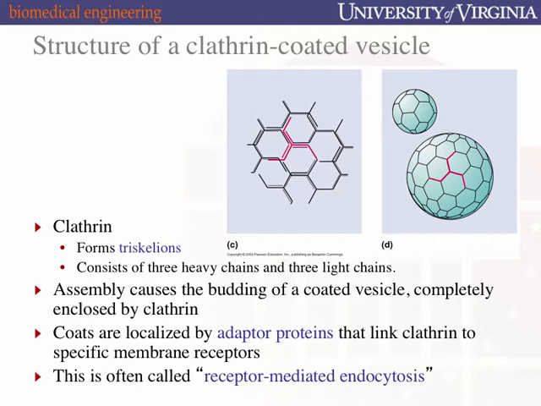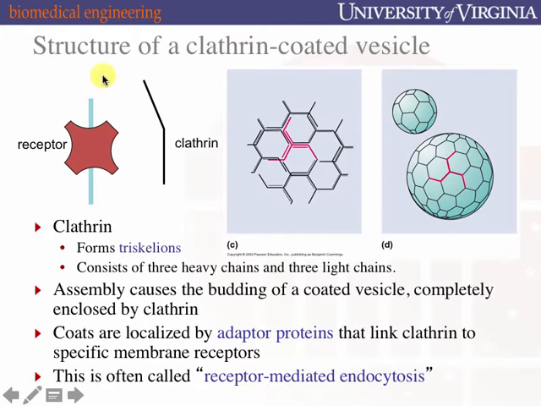Clathrin gets recruited to the plasma membrane through what are called adapter proteins, whose role is to connect the clathrin machinery, or clathrin heterohexamers, I guess you'll call them, to receptors on the plasma membrane surface.